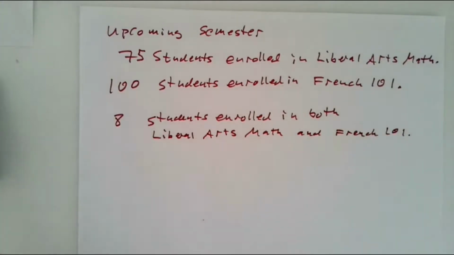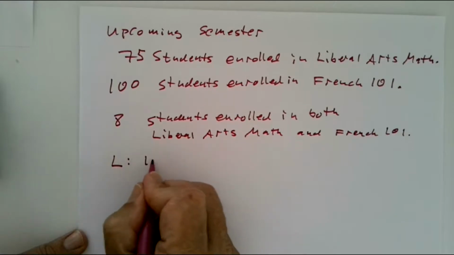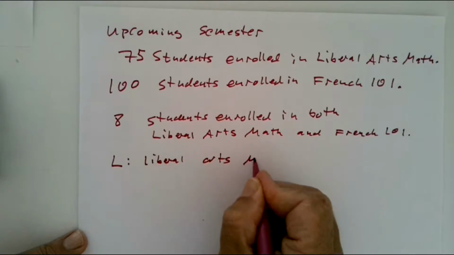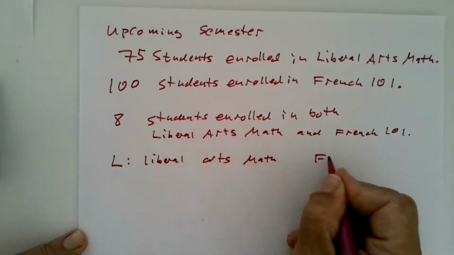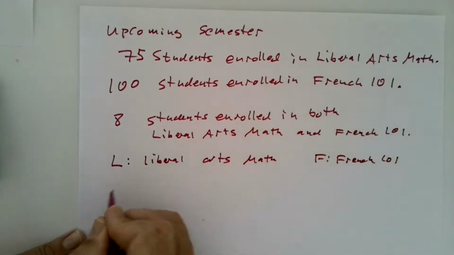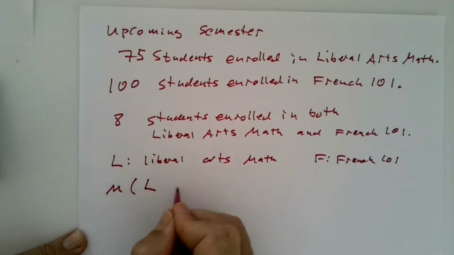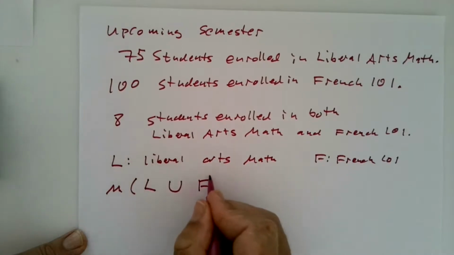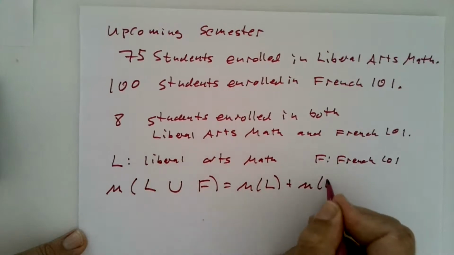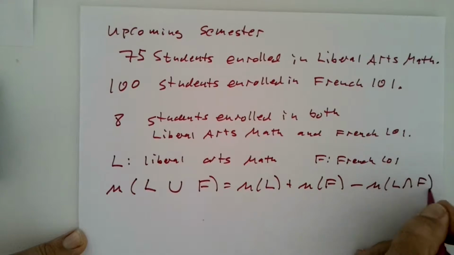So they're counted twice. So if L is the event in liberal arts math, and F is the event that they're in French 101, or the set French 101, what are the numbers of either being liberal arts math or in French? That's the number in liberal arts math plus the number in French minus the overlap, minus the number in liberal arts math and French.